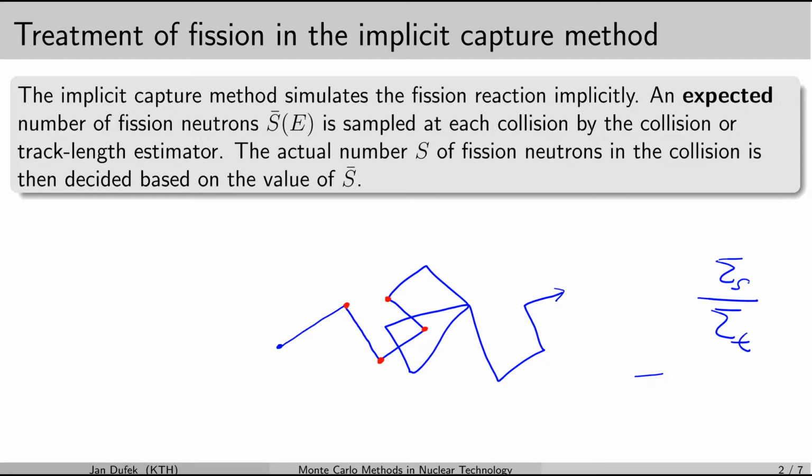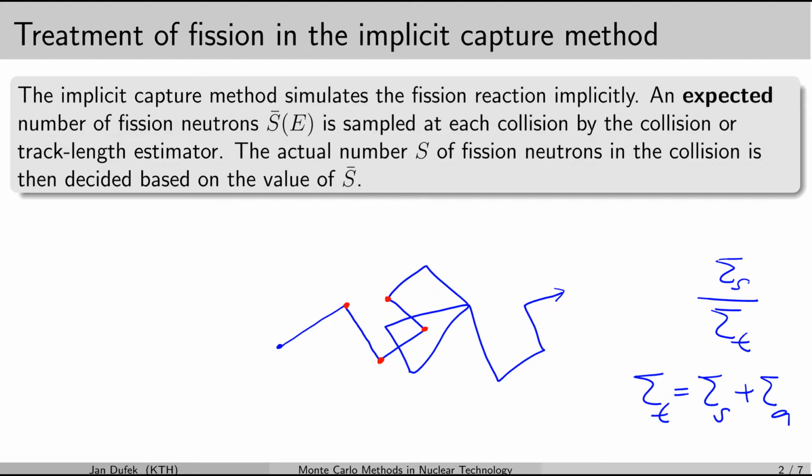The total cross-section equals the sum of the scattering cross-section plus the absorption cross-section, and the absorption cross-section combines the cross-section for the neutron capture and the fission cross-section.